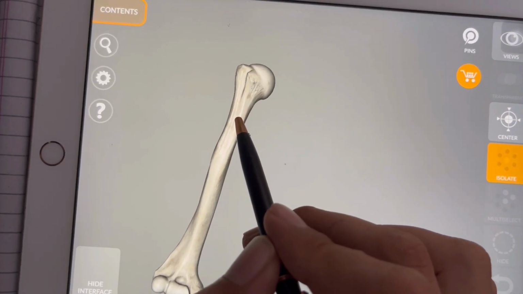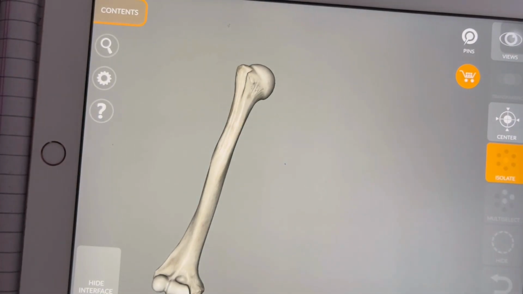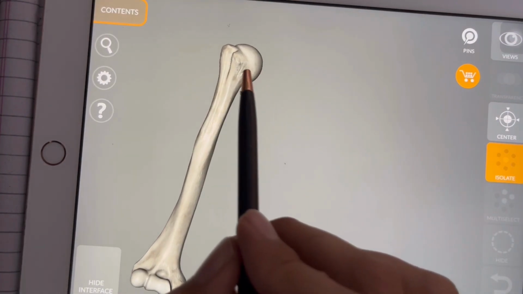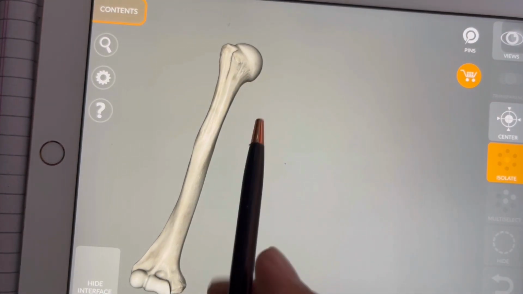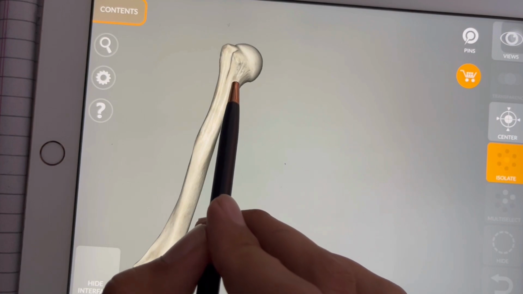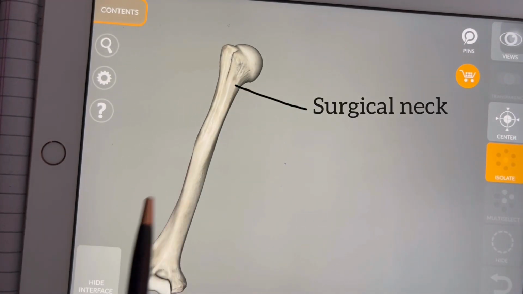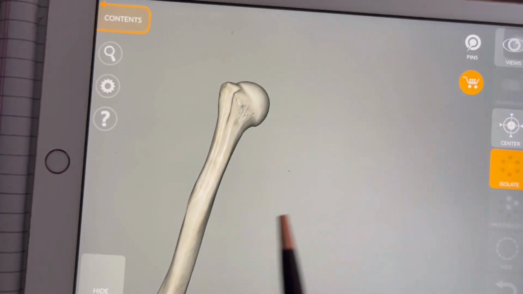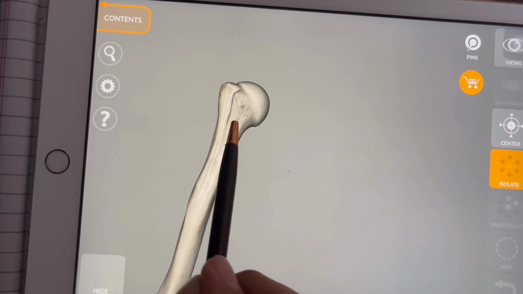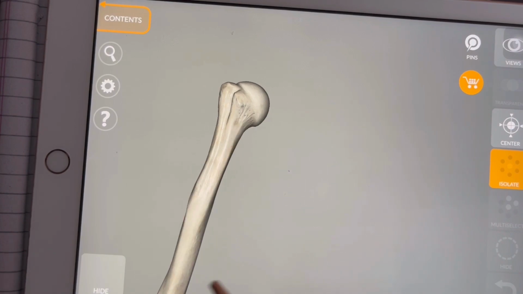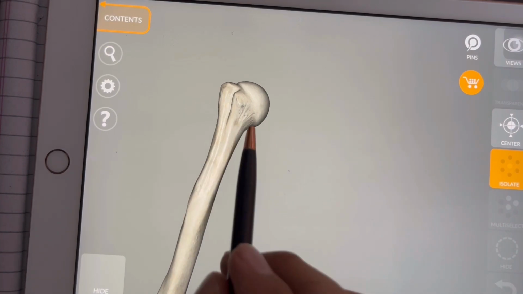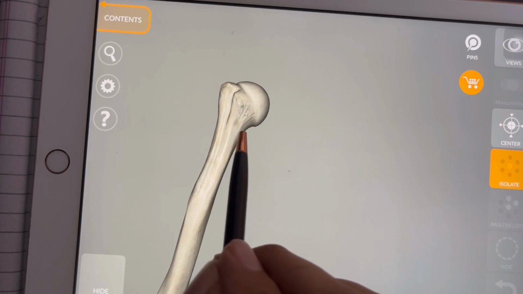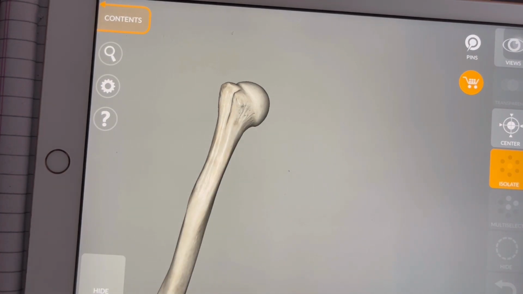Here the tendon of the biceps brachii muscle passes. Now inferior to the tubercles we have another constricted region which is called the surgical neck. The surgical neck is more prone to fractures and the axillary nerve passes through this region.